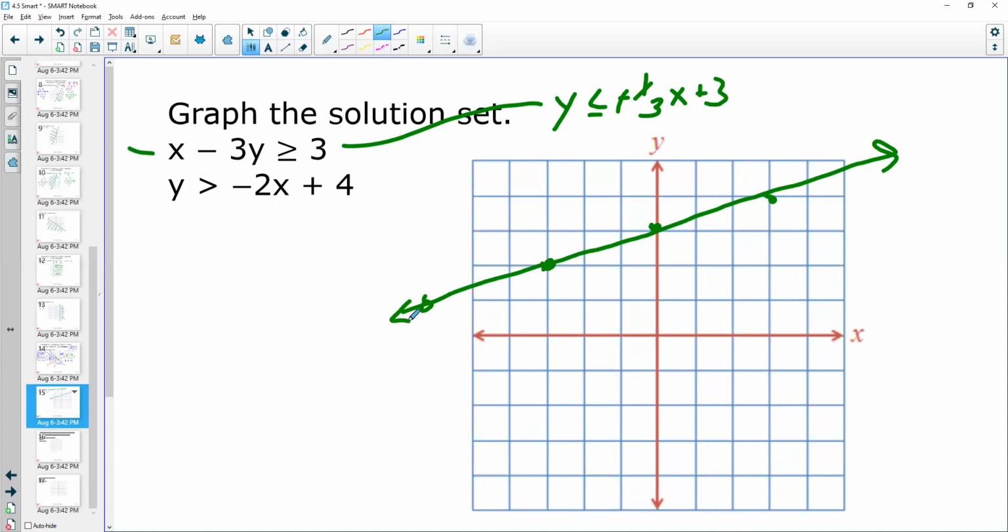And then I'm going to do my second one. I'm going to do that one in blue. So the y-intercept is 4, and the slope is negative 2 over 1. So down 2 over 1, down 2 over 1.